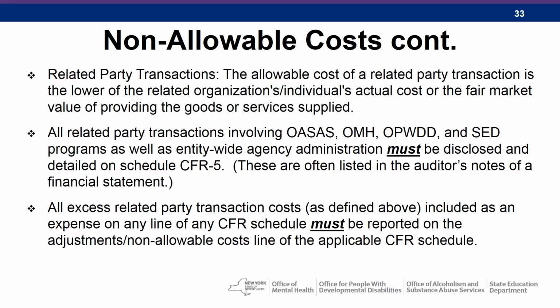All excess related party transaction costs, as defined above, included as an expense on any line of the CFR schedule, must be reported on the adjustments or non-allowable cost line of the applicable CFR schedule.